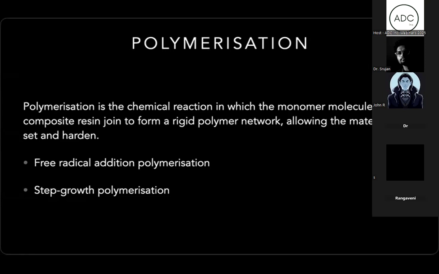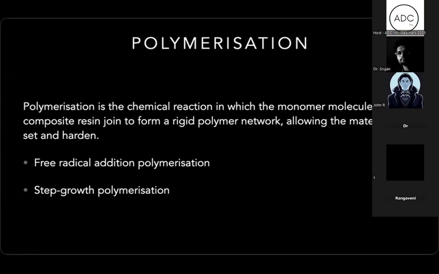When we expose it to curing light at the specific wavelength, usually 450, 480, 520, 560 nanometers, it initiates the polymerization reaction. The individual monomer molecules slowly start converting into polymer networks, and that is what makes it rigid. There are two steps. First is free radical addition polymerization, and second is step growth polymerization. We are not going to go into details of that.